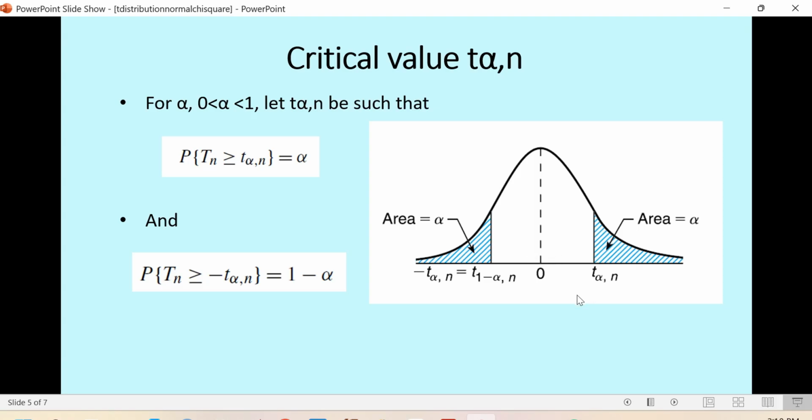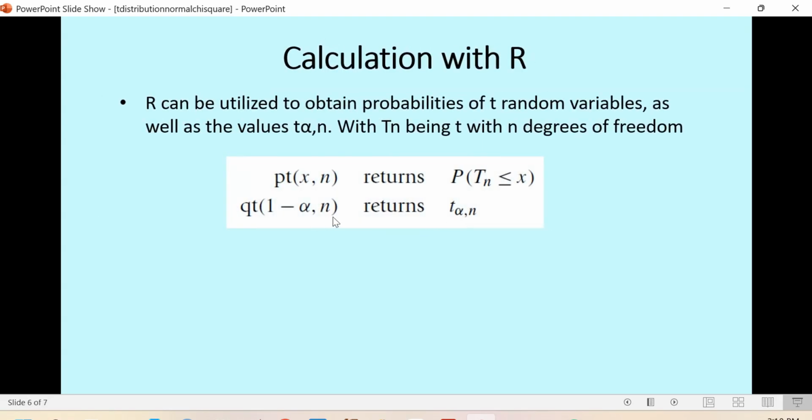If we know the cumulative probability up to t alpha n is, for example, 0.95, then we can get this critical value using qt with 1 minus alpha, because we know the area on the right side is alpha. We input 1 minus alpha and the degrees of freedom into the qt function.